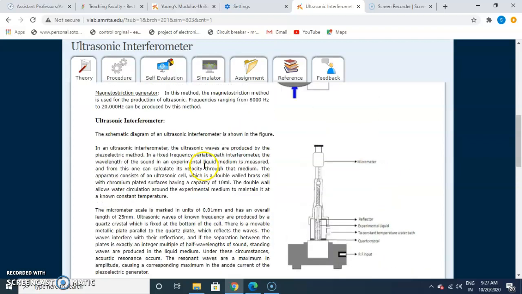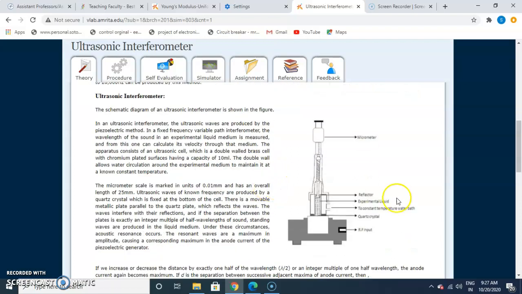Okay, so what is the ultrasonic interferometer? You can see this picture. Here you have a micrometer, this is the reflector, and this is the medium. You pour the medium liquid, either water or acetone, into this, and this is the quartz crystal.